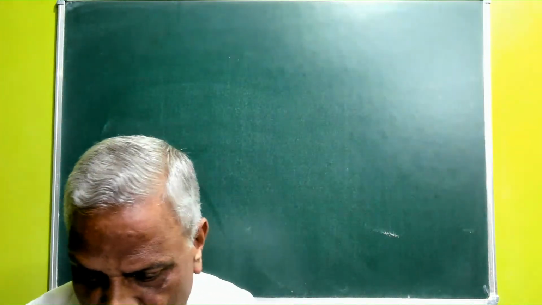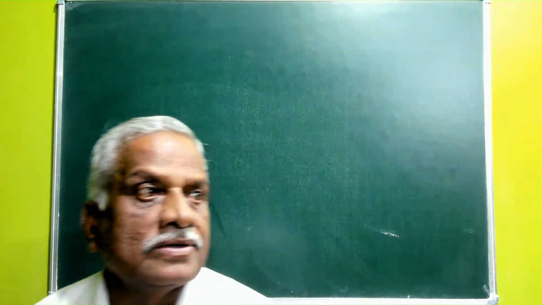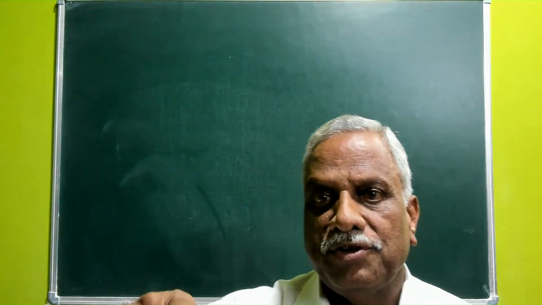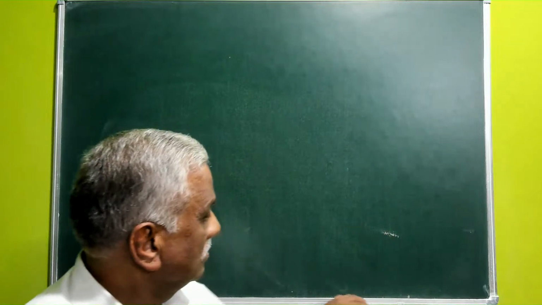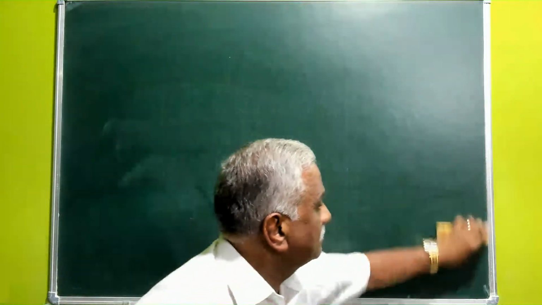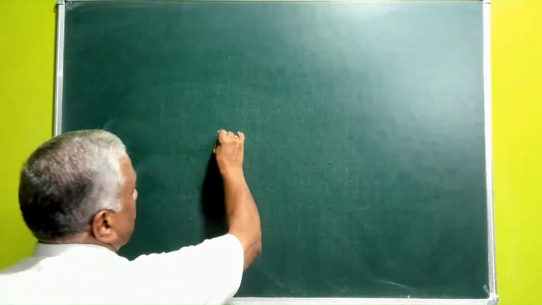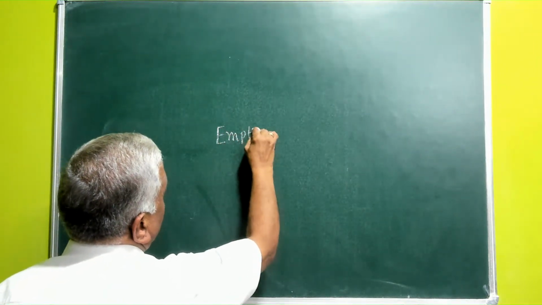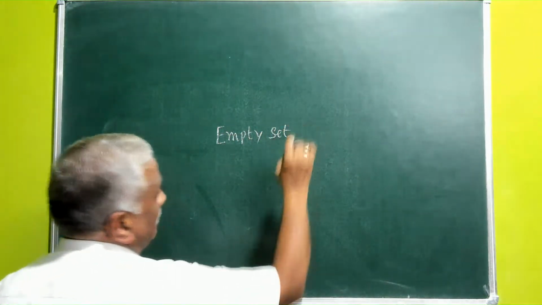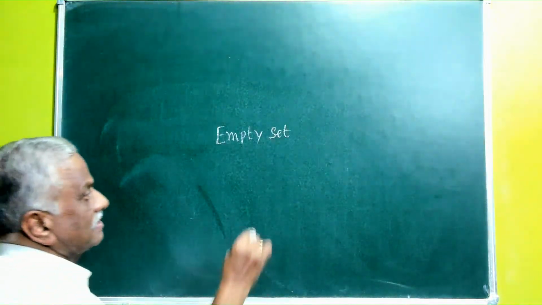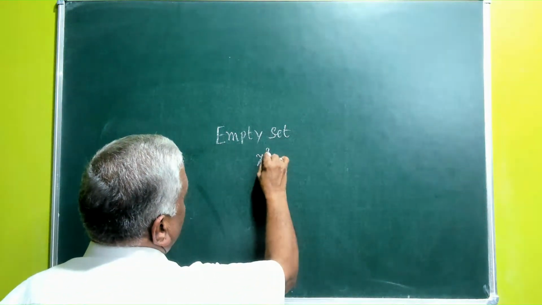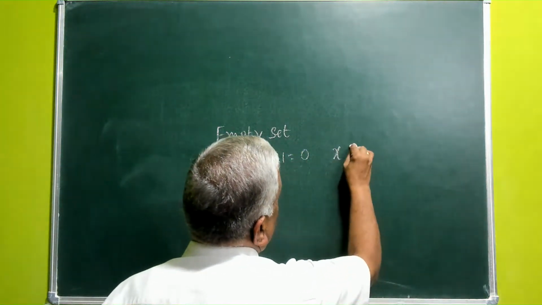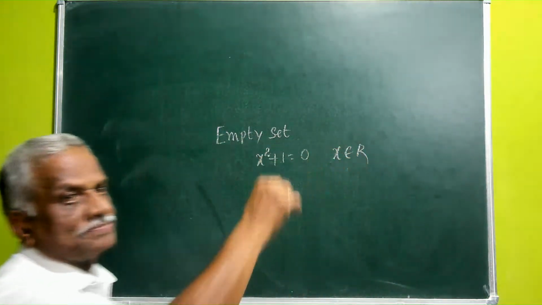So we have only discussed the set theory. What are the possible questions that can be asked in set theory? They will give you some sets. There was a question one year: which of the following sets is an empty set? The answer was x square plus 1 equal to 0, x belongs to real numbers.